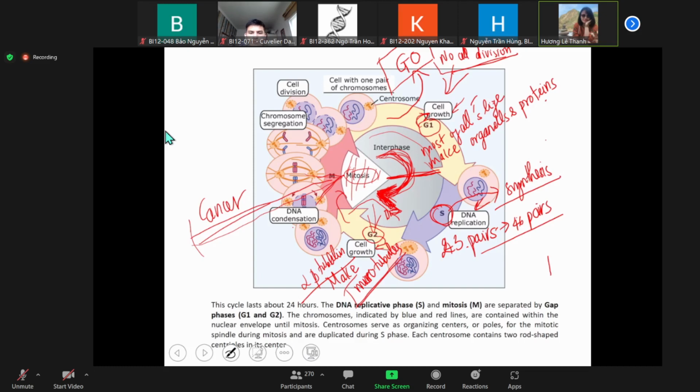But the neuron cells jump out of the cell cycle, they are in the G0 stage. So it means that your neuron cells have approximately your age. Like you are 18 years old now, and your neurons are also the same age, because they jump out from G1, just focusing on their work, and they don't want to divide.